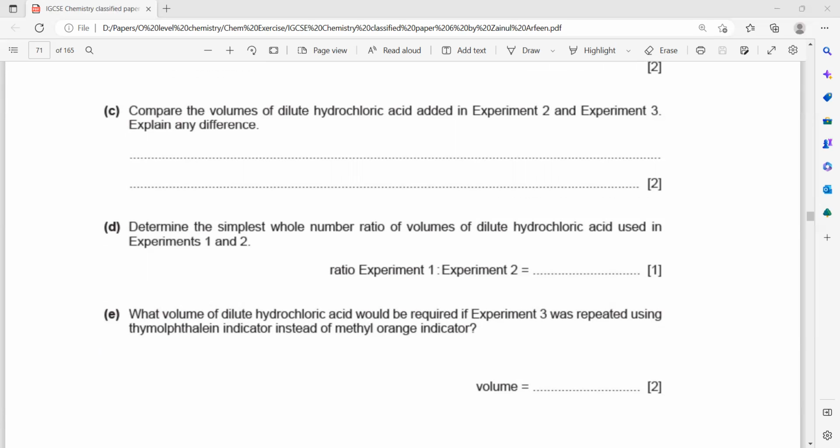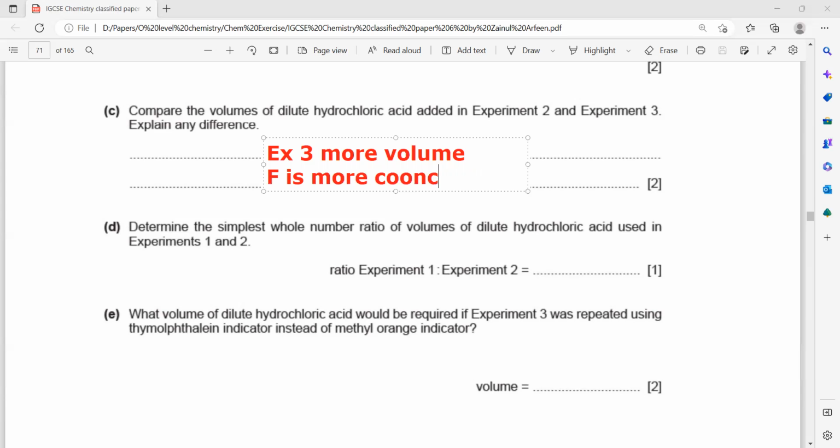Experiment 3, we need more volume. And what is the reason for that? Because F is more concentrated than E. That's why you need different amount of HCl, the same concentration of HCl, but different amount.